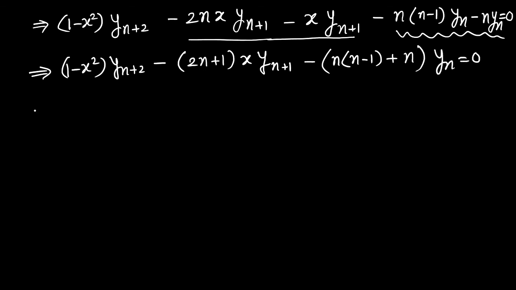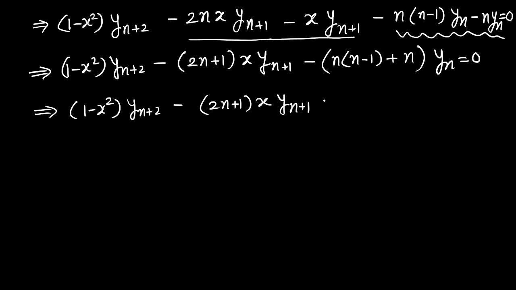We simplify this. 1 minus x square yn plus 2 minus 2 into n plus 1 x yn plus 1 minus, now this term is n square minus n plus n, equals 0. The n terms cancel and we get the required result.